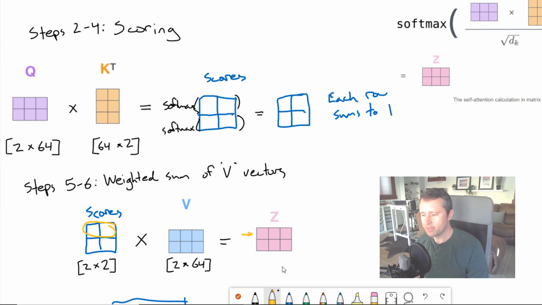And the way that happens is, maybe we can pick 2 colors here. We multiply that against each of these. And then we multiply that against each of those. And we sum those up to create these values.